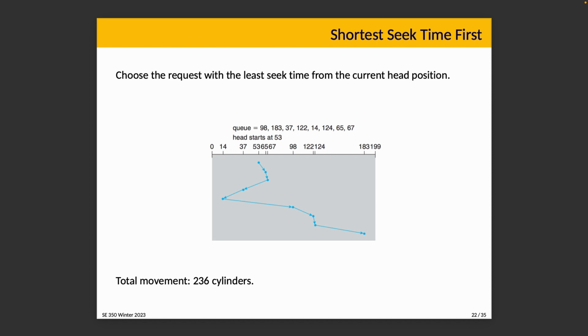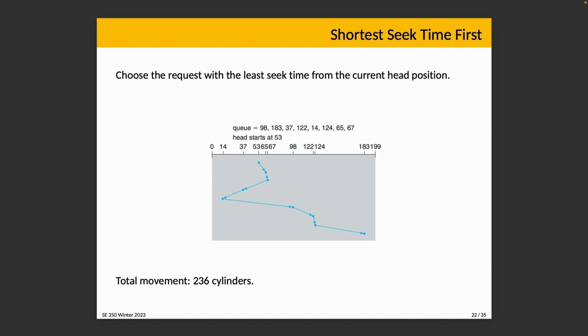So using the same example as before, we start at 53, and the closest one by our math is 65, because it's only 12 away. From there, 67, then 37, 14, 98, 122, 124, 183. Following this routine, the total movement for the disk head is 236 cylinders.